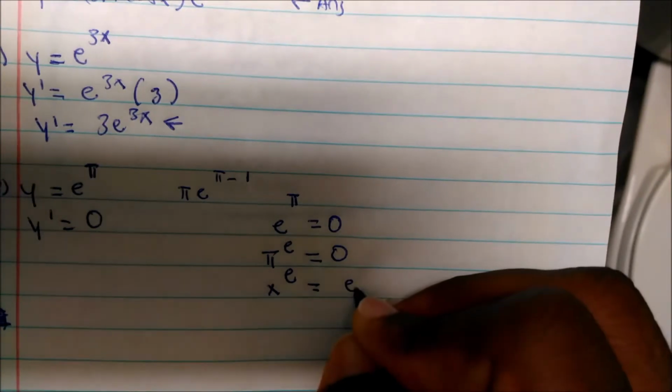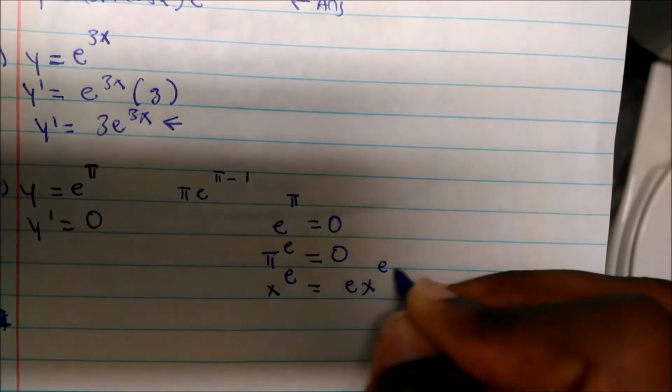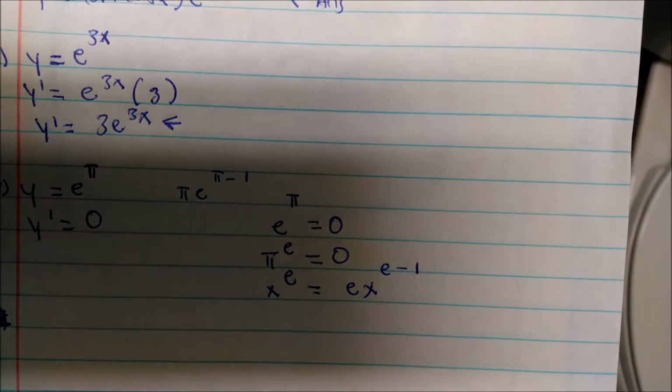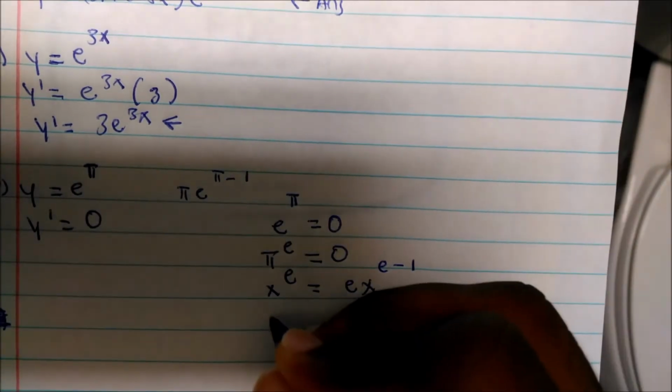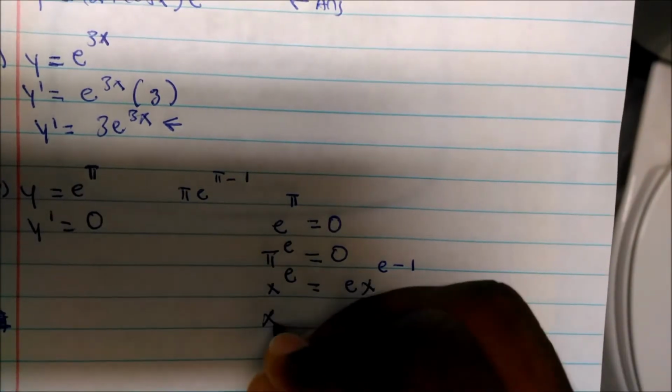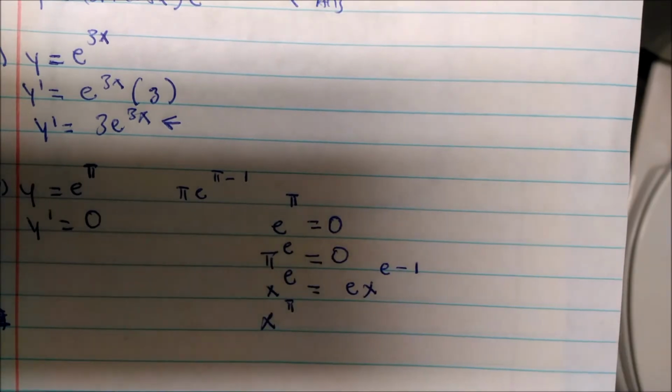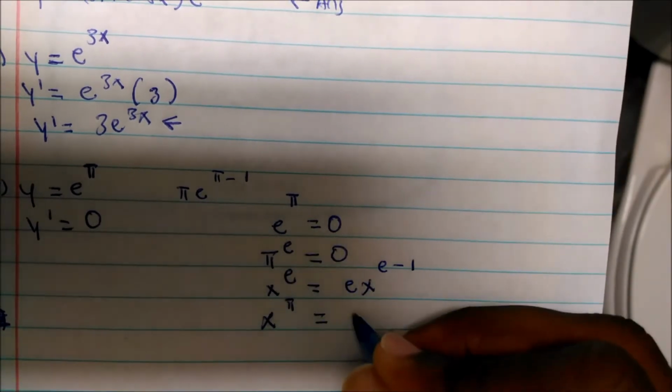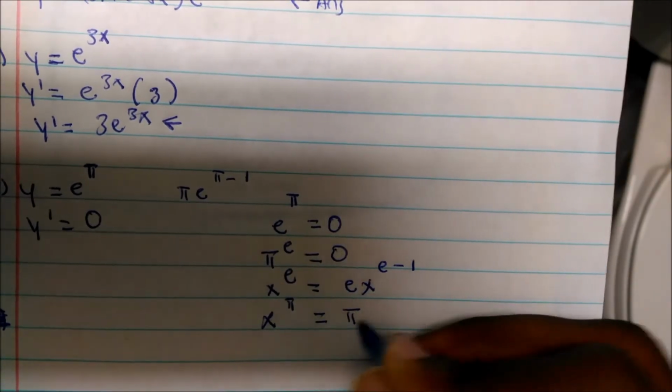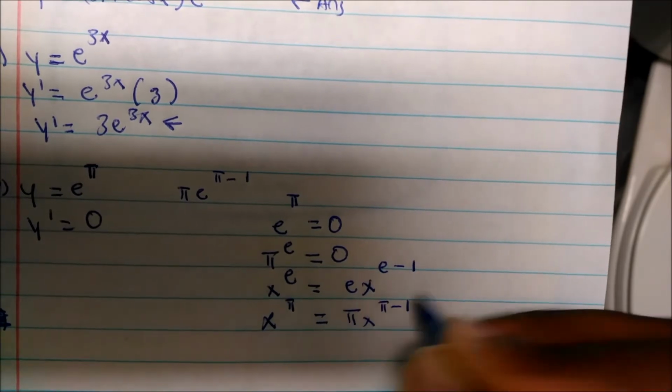So this will be e x to the e minus 1. It's the same thing we know with x to the pi; this derivative is also pi x to the pi minus 1.